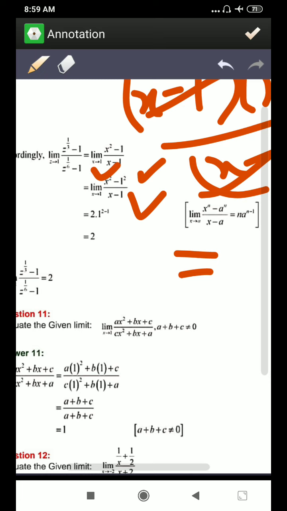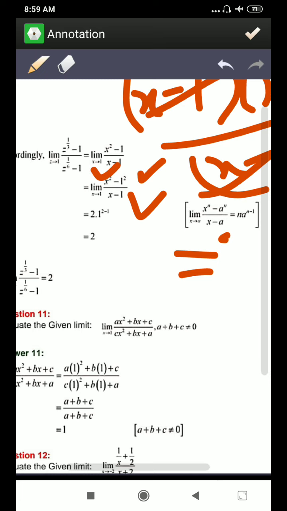Here it is (x square minus 1 square) divided by (x minus 1), so n is 2 and a is 1. On comparing with the theorem, n is 2 and a is 1. In this way we can solve this using the theorem also.